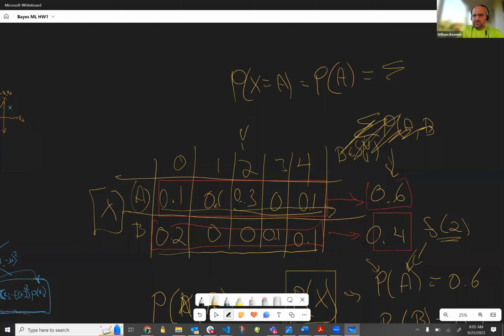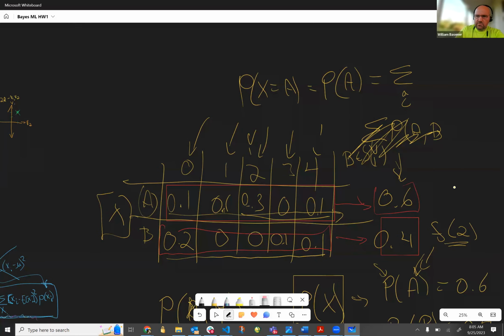That's the sum over all i, and I'm going to use i because these values that are inputs for y are integers, so i might stand for an integer, or maybe n. So n stands for one of the values. It could be a value for the variable y. So the probability of a comma n.